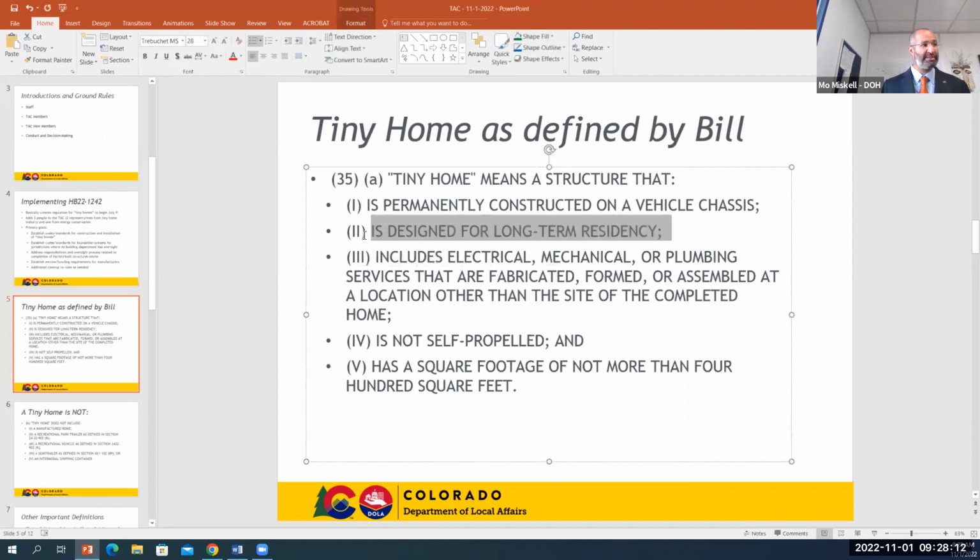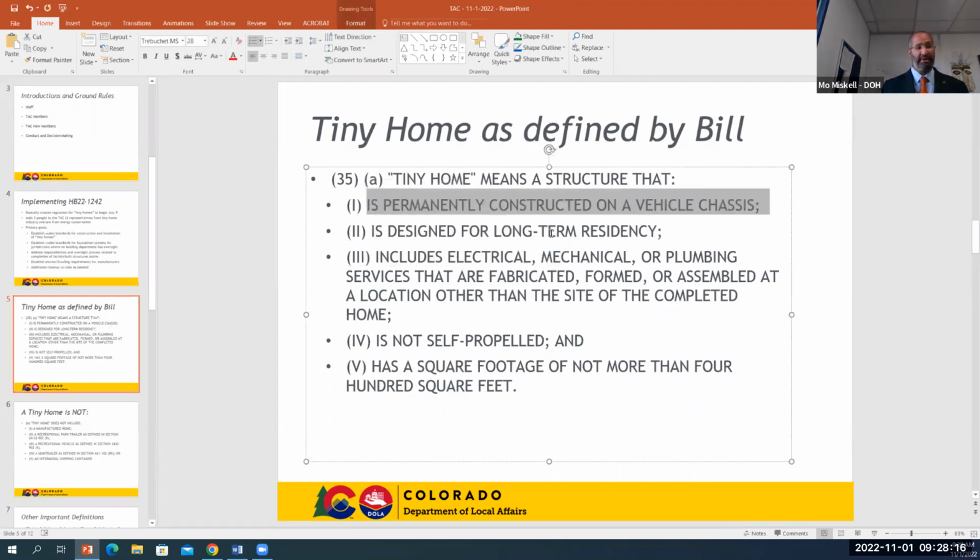So an important piece here is similar to what you see on the HUD code manufactured home and a park model, this will be on a vehicle chassis, right? But the big difference between it and a park model is this one is designed for long-term residency, right? So that's the missing middle piece.